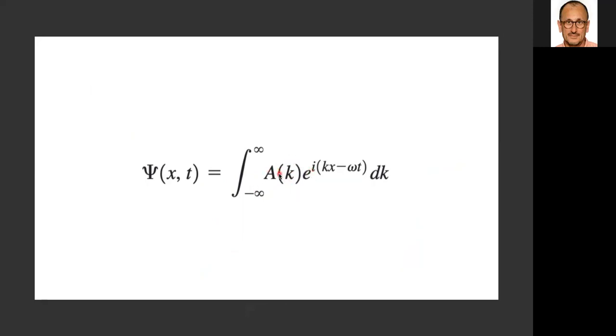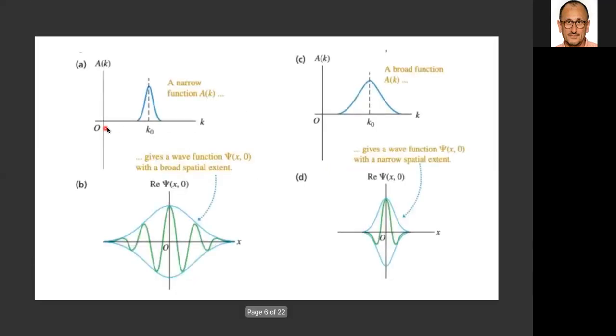This function means the amplitude of each one of the right-traveling waves corresponding to different free particles. If I have something like this, you will get, this is a plot of the real part of the wave function, something with a broad spatial extent.